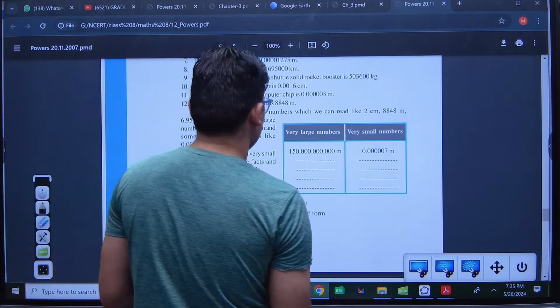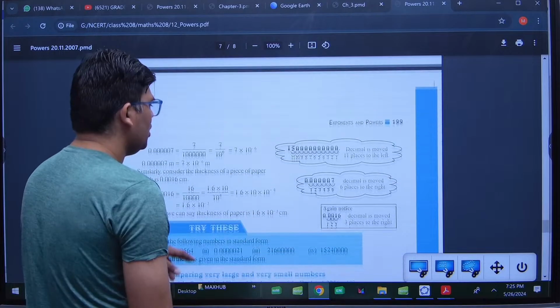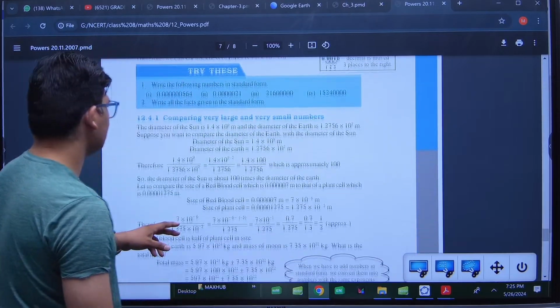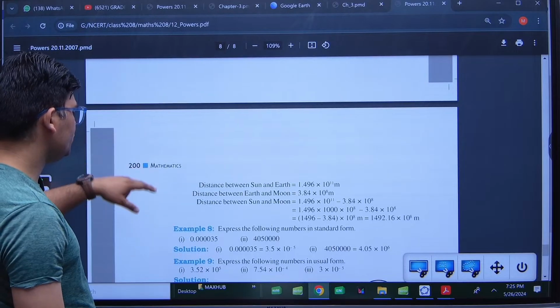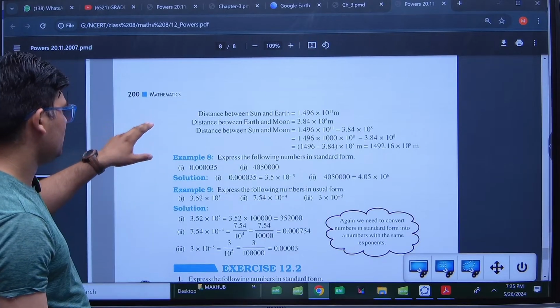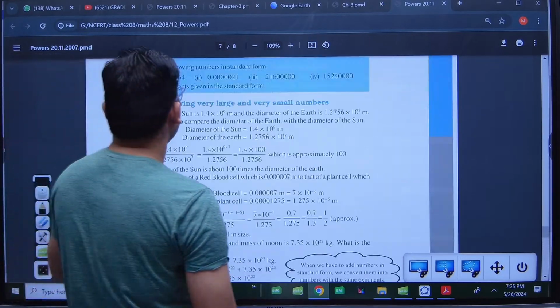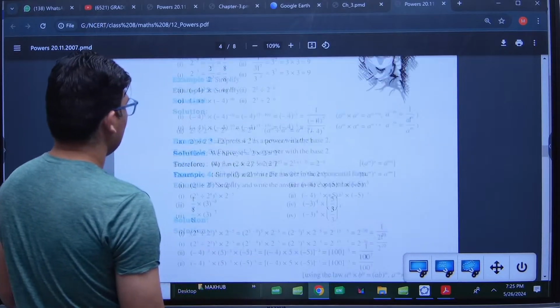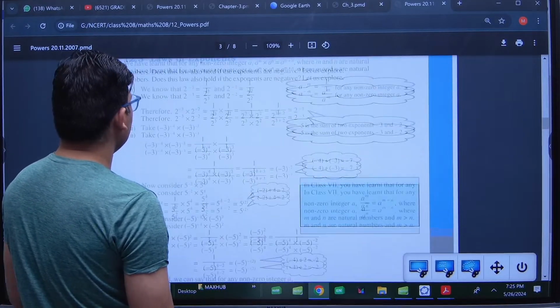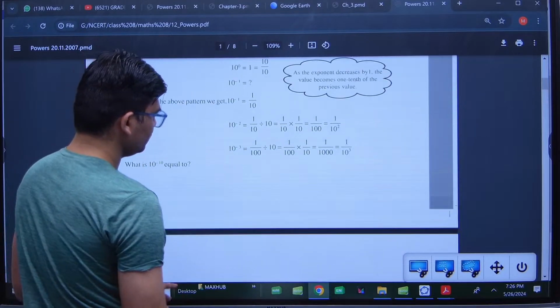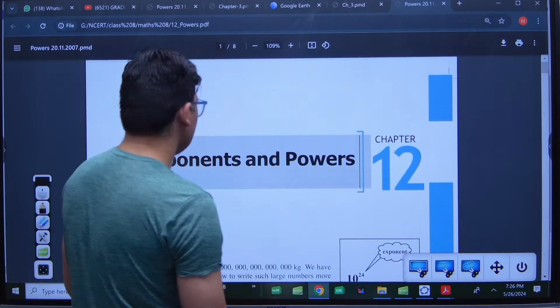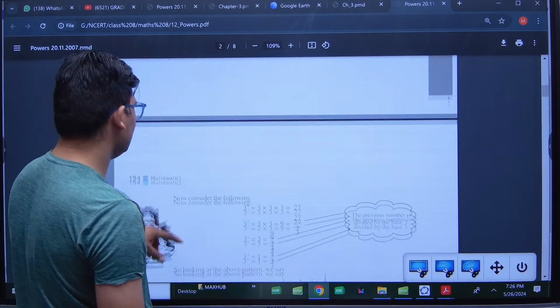So now you are in a position to solve all these questions. So now let us do some questions on this. The question that I'm going to tell you today is how to make use of the laws of exponents, because there are many children who are having problems in solving the questions on this.